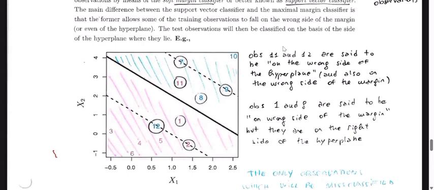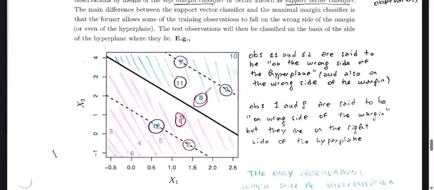But I wanted to look at observations 1 and 8. Don't forget, observations 1 and 8 are the closest points to the upper plane, right? I need you to pay attention now. I'm talking about observation 1 and observation 8.